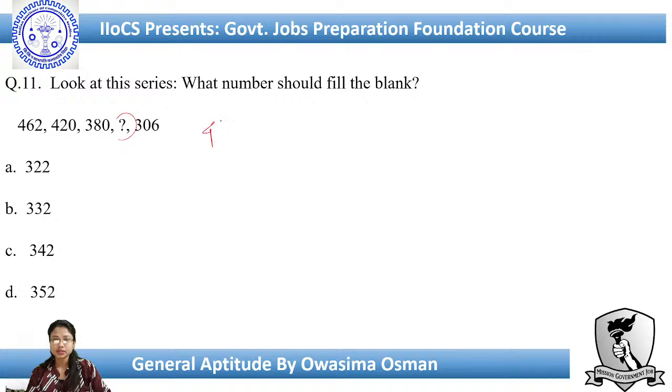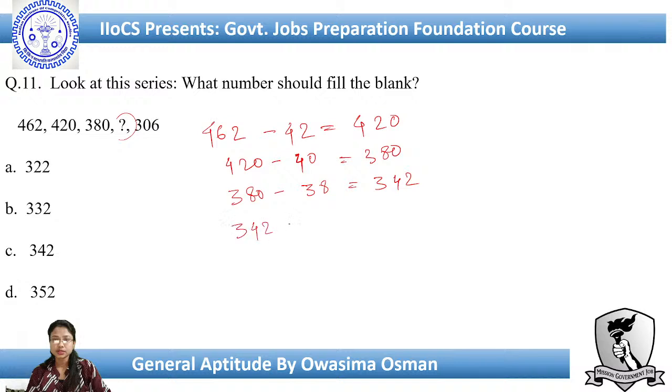If we do 462 minus 42, it will be 420, and 420 minus 40 will be 380, 380 minus 38 will be 342, 342 minus 36 will be 306. Here we can see that every subtracted value is in an AP series, and that is less by 2 from each other.